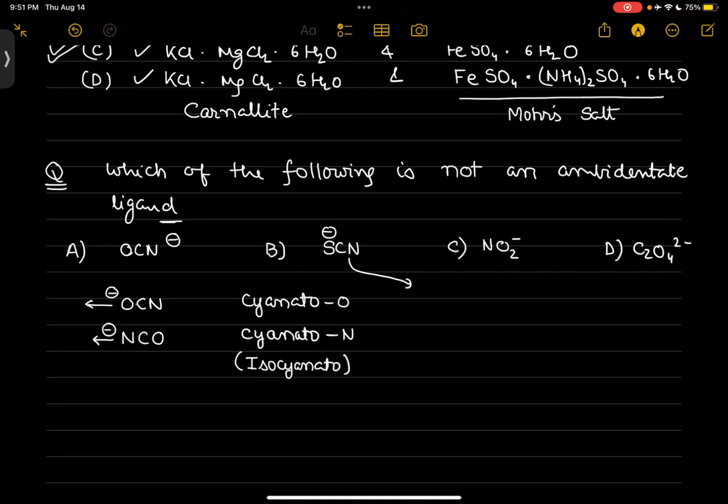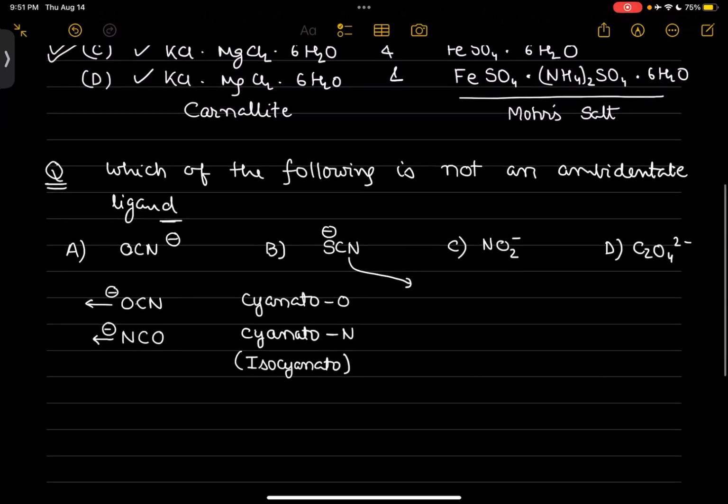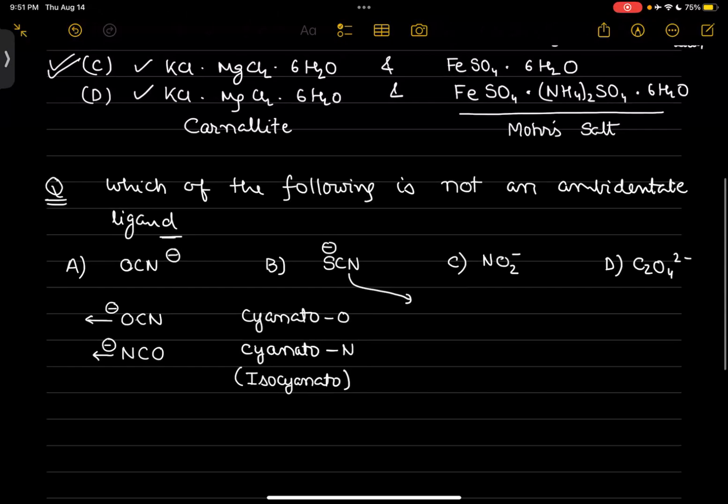Similarly, when you replace O by sulfur, it becomes thiocyanate. Thiocyanato-S and thiocyanato-N. Got it? So this is also an ambidentate ligand. Now the next one. Suppose you try to figure out NO2.